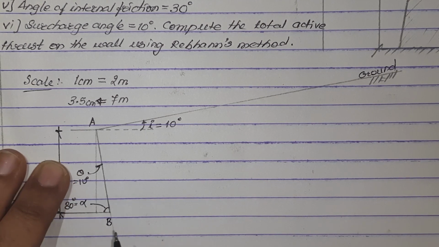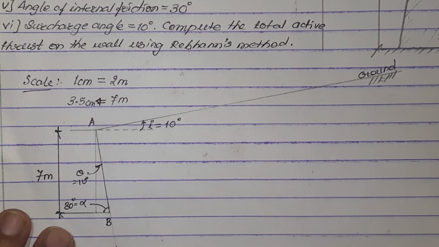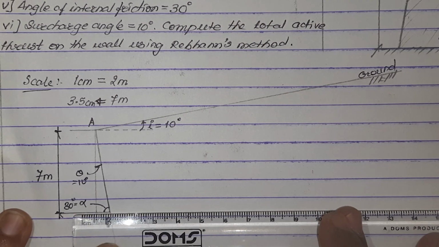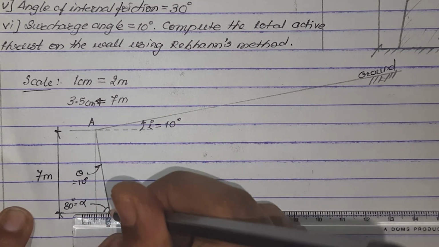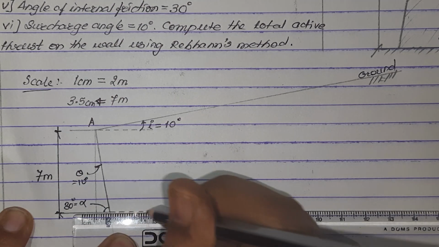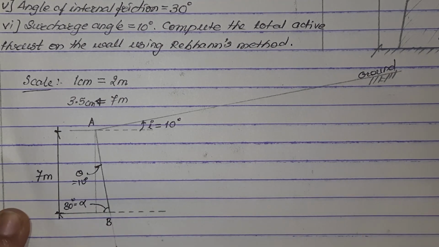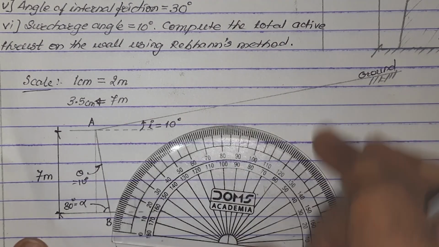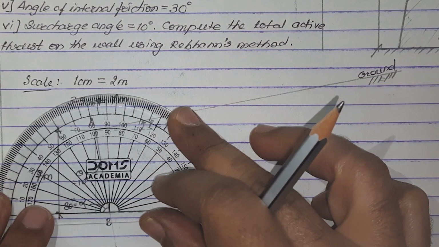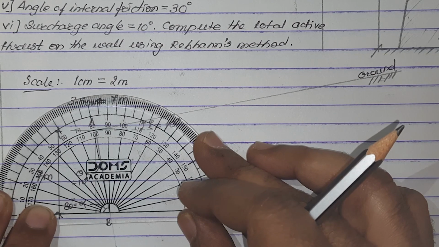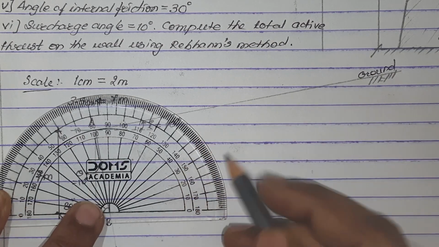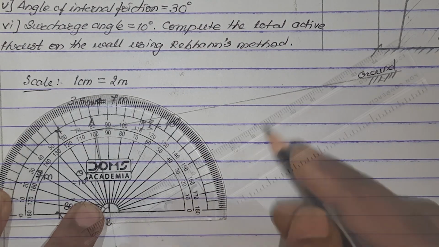Next step is to draw phi line through the base of the wall. Now phi line is inclined at 30 degree with the horizontal. Angle of friction is given 30 degree. Hence, it will be inclined at 30 degree to this horizontal line. So this is 30 degree.